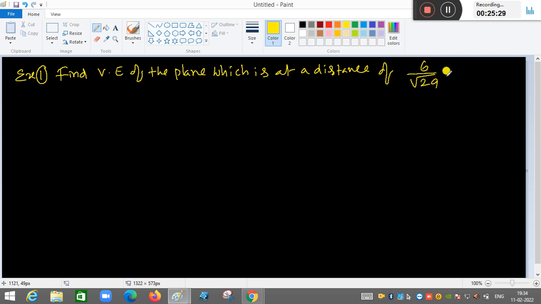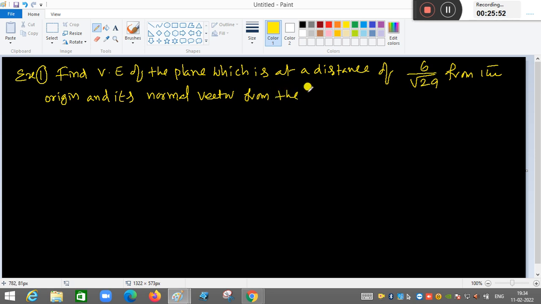Okay, 29 from the horizon, and its normal vector from the horizon is 2i minus 3j plus 4k.